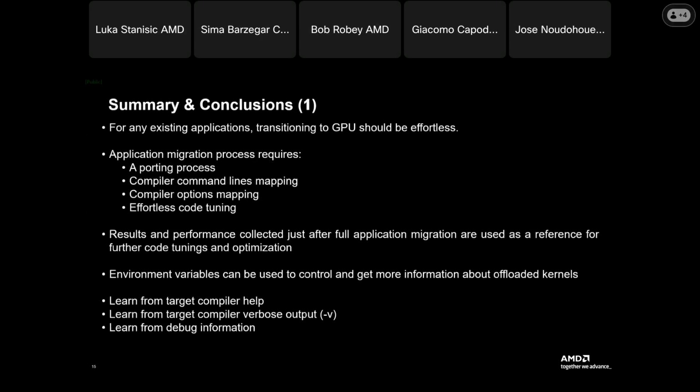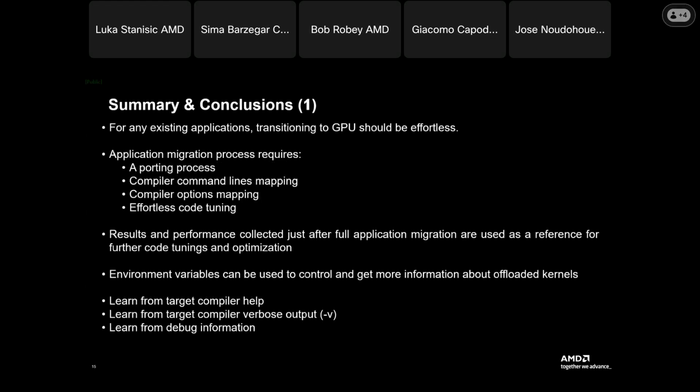So to summarize, it is really important to know the goal that you want to achieve, especially in the context of performance investigation, because it is not always straightforward. You can continue improving your code as long as you want more performance. The transition to GPU should be effortless, but the application migration requires a different process.